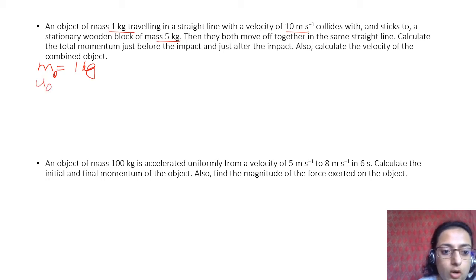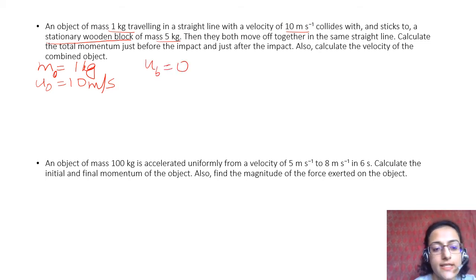Initial velocity of object is 10 meter per second. Collides with and sticks to a stationary wooden block. What does this mean? That u of the block is 0. Initial velocity of block is 0. Right? They both move off together in the same straight line. So mass of the block is 5 kg.